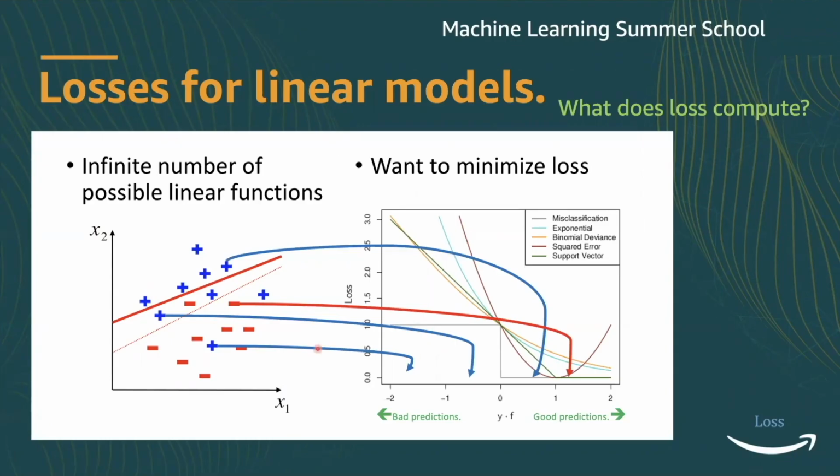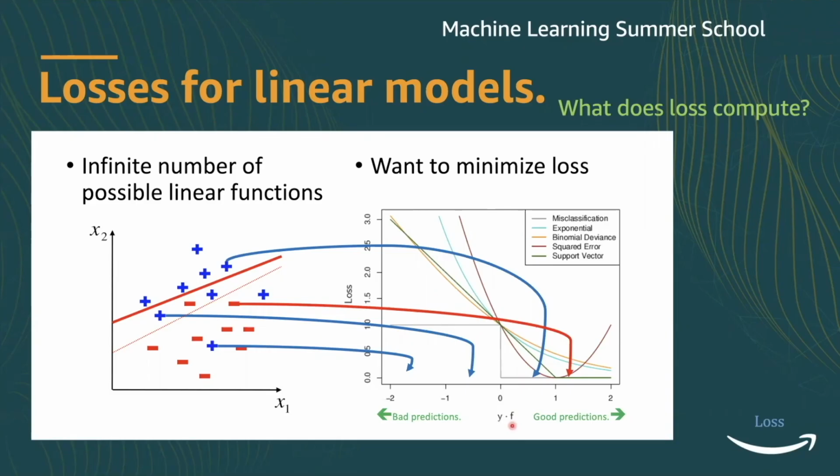What you see on the right side is an illustration of various loss functions. This gray step that you see, the step function, is the 0-1 misclassification loss that we talked about. The x-axis is the true value times the score.